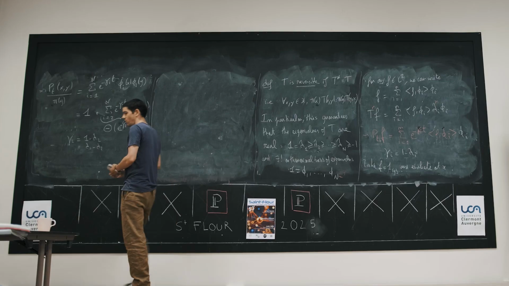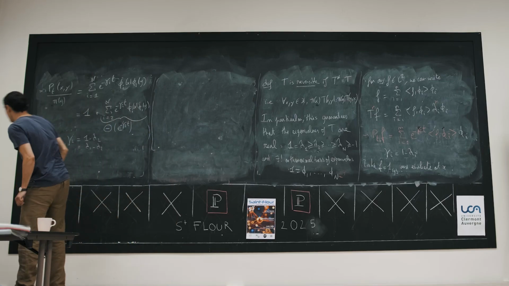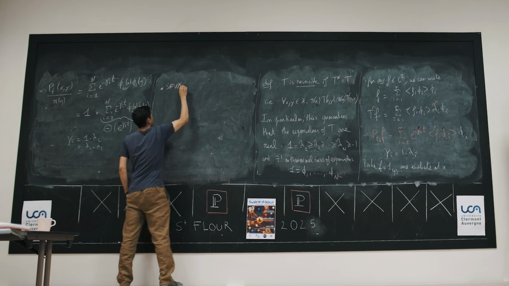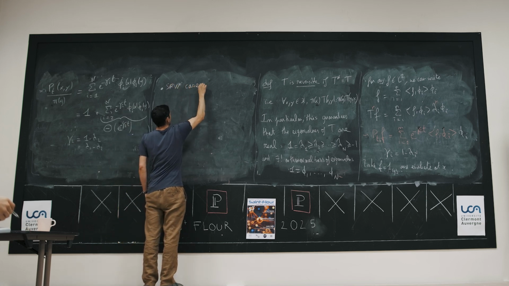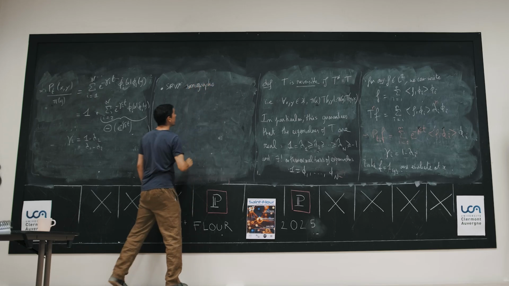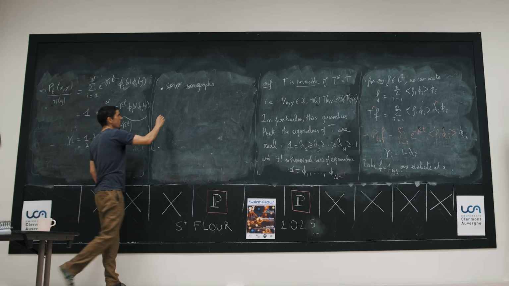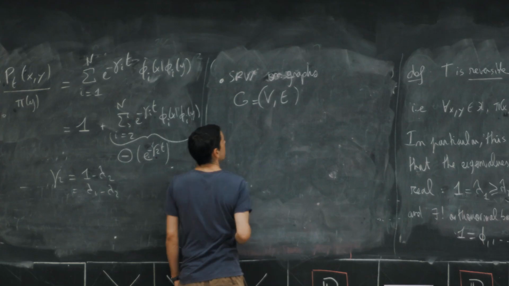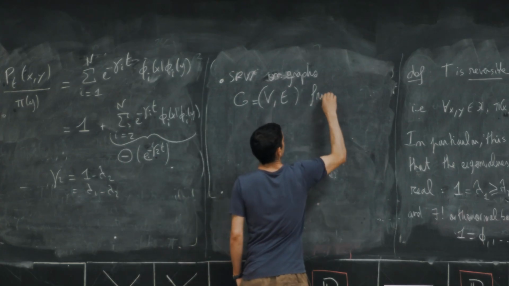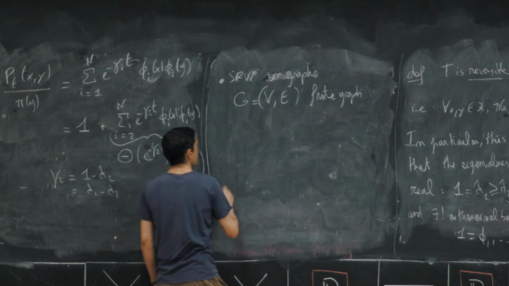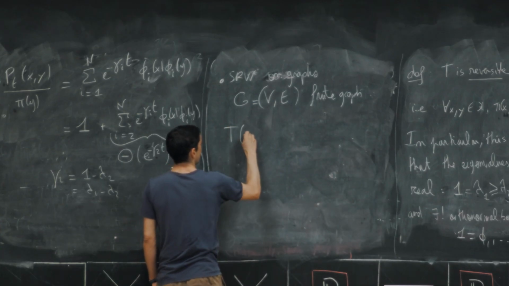Okay, maybe a few other models. I don't have time to say much, but one interesting case of reversible chain is simple random walk on graphs. Right, so you take G, a finite undirected graph, and then you look at this transition matrix.